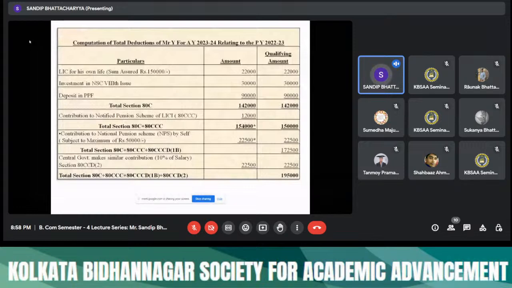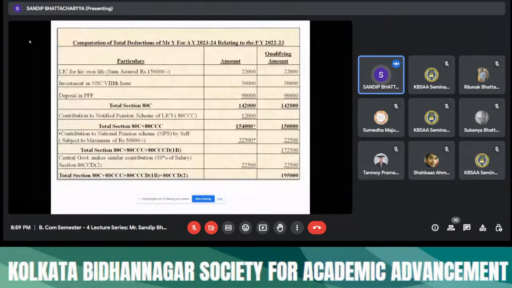Then the central government makes a similar contribution. I said my employer made it, so I assume my employer is the central government. The central government made the same type of contribution to my NPS, so there is no problem here. It is 10% of salary, so it is again 22,500. 14% of salary or contribution paid, whichever is lower, so 22,500.